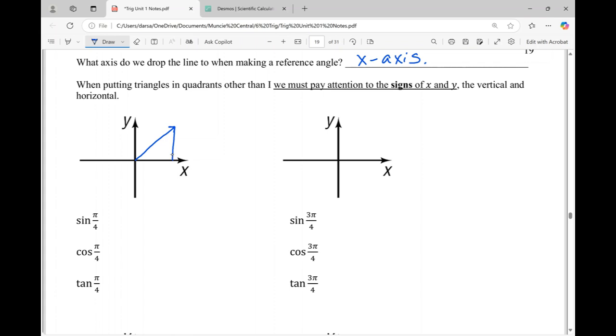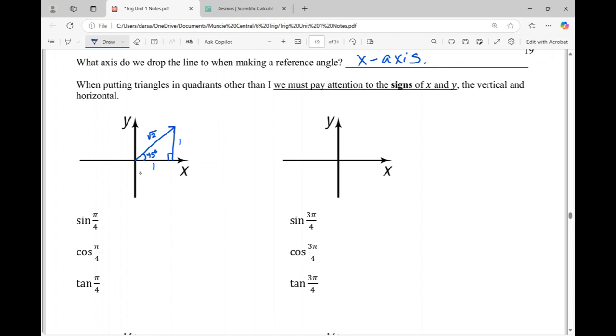To draw the reference triangle, we're going to drop straight to the x-axis and give ourselves an angle of 45 degrees here, or pi over 4. Since this is a 45-degree angle, what we have just drawn is a 45, 45, 90 triangle, one of our special triangles. So we can label these sides of this triangle as 1, 1, and square root of 2.